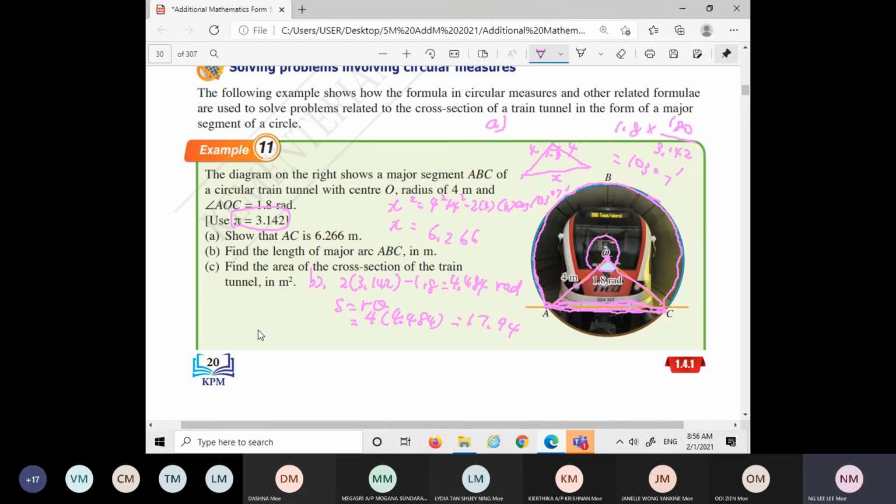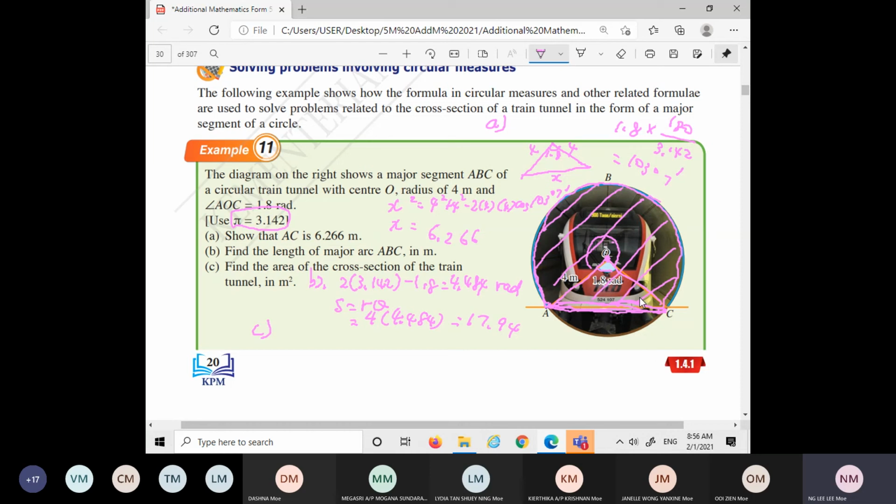Now we come to part C. Find the area of the cross section of the train tunnel. Remember, for a train tunnel or any tunnel, the area of the cross section is this one. This is the major segment.